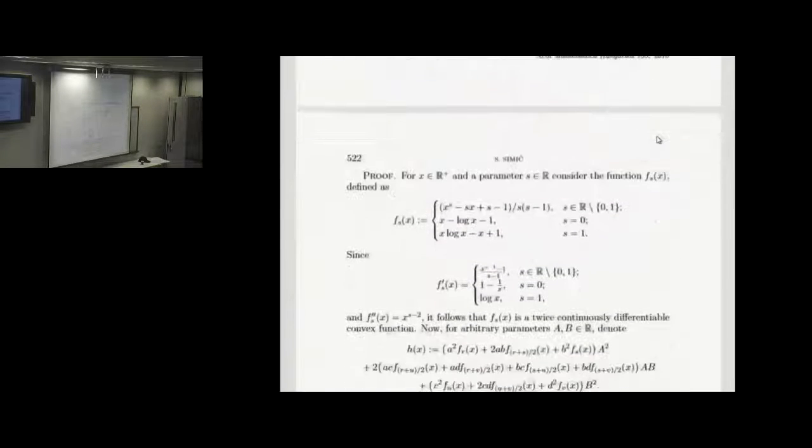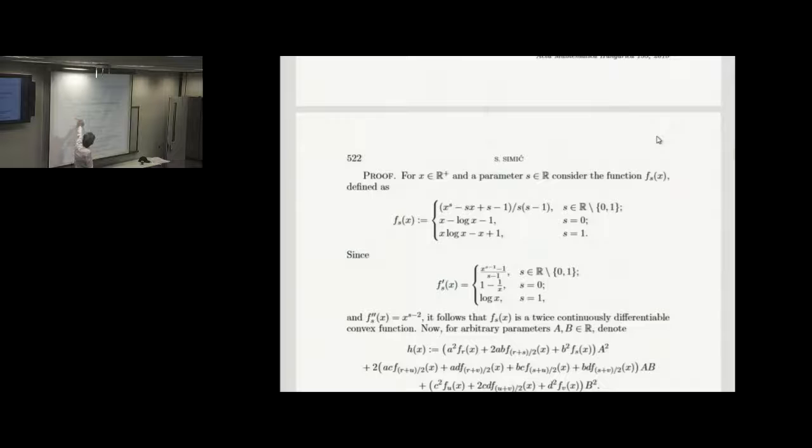So that's what we did in this paper. And now the proofs of it, for example, and so on. The method of proof is very interesting.